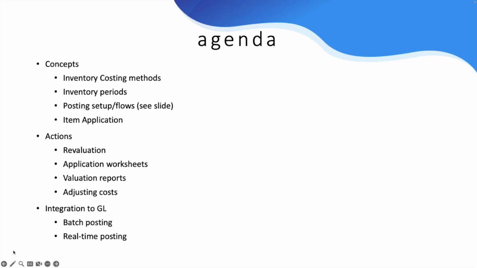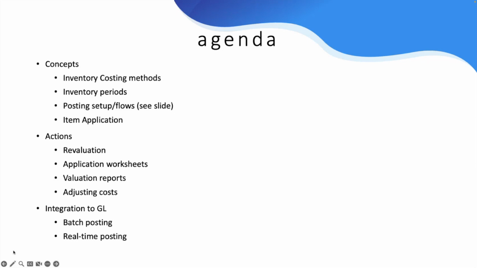So these will be the different inventory costing methods available in Business Central, the concept of inventory periods and how those can be used and what the implications are, the concepts of posting setup and posting flows for the integration between inventory and the general ledger, and the concept of item application.